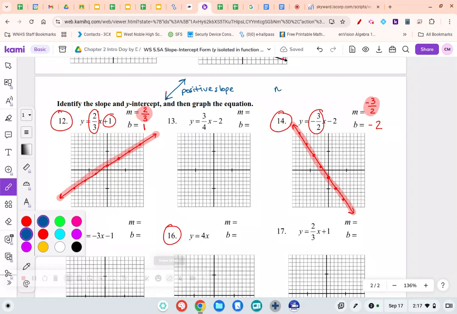Negative slopes angle the other direction. Now guys, I like to think about a capital N and how the diagonal of a capital N for negative goes in the direction of a negative slope. You can think about that if you want to, you don't have to, but that's just an easy way to check, did I get my graph angled the correct direction? Did I plot my slope correctly?